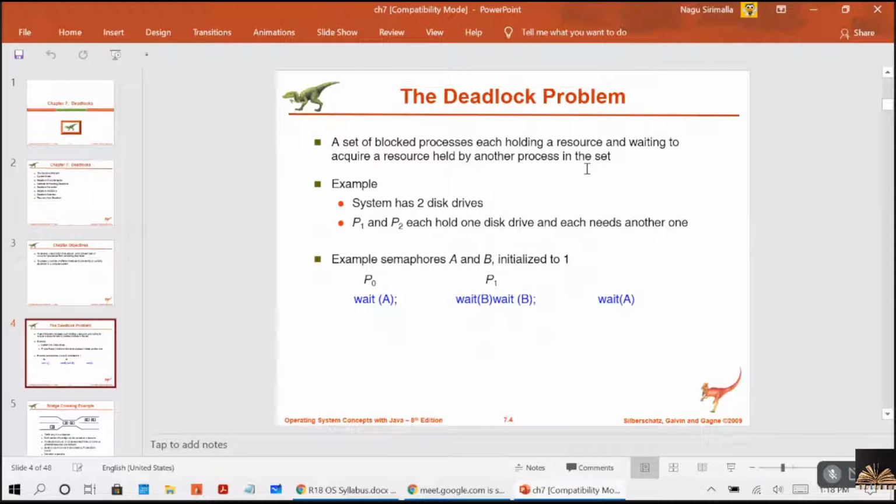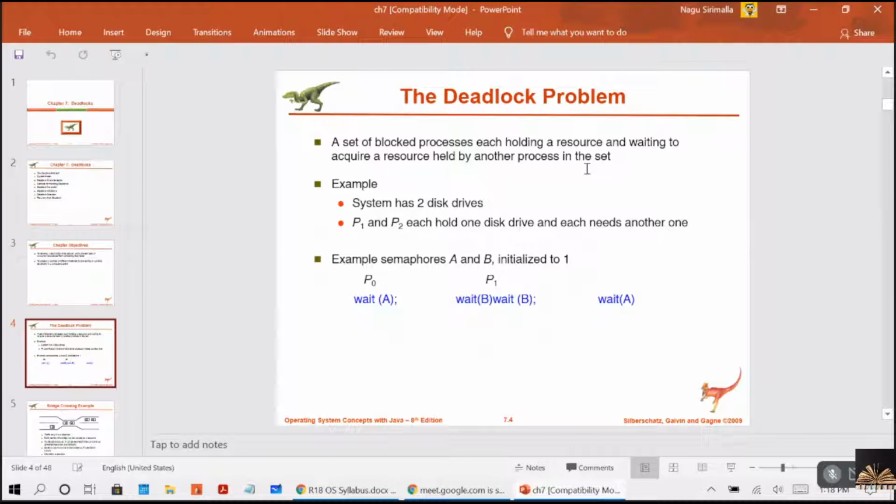When a process is holding a resource and waiting for a resource which is already held by some other process. Take an example of 2 processes, P1 and P2, and 2 resources, R1 and R2, right? Try to understand.